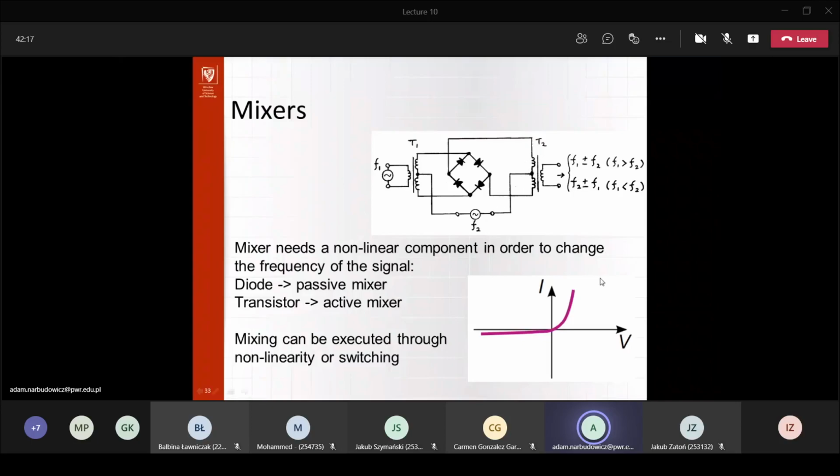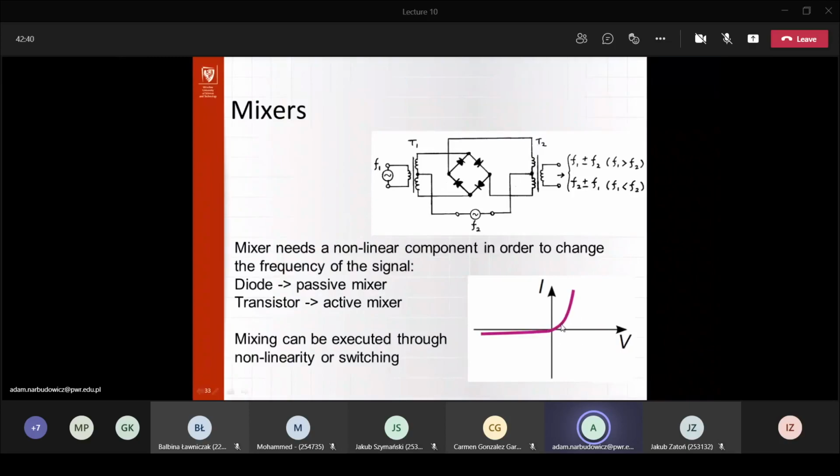Then we use this area of a diode here, the one which is not linear anymore, and this is basically the so-called working point of the mixer.